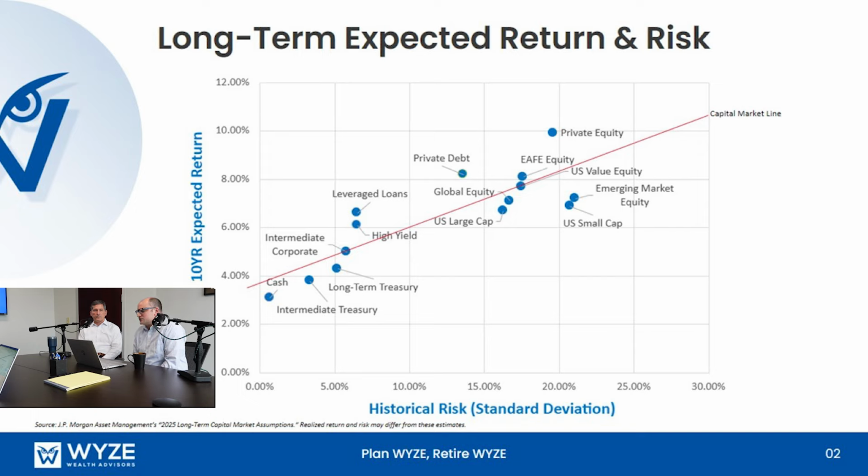A lot of that is related to the fact that U.S. large stocks in particular are, as a market, expensive relative to historical levels. If you look at long-term bonds, they're basically right on the line, fairly valued in this environment. U.S. small stocks and emerging market stocks have higher expected returns than U.S. large, but of course they're more risky too.